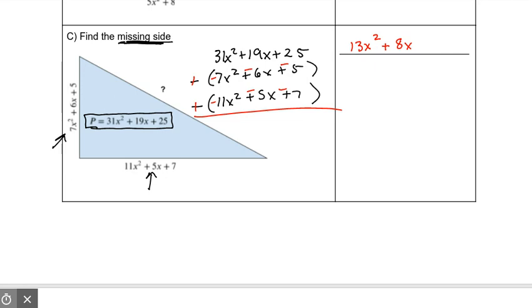And 25 plus negative 5 plus negative 7. That is going to be positive 13. Okay, and that's the length of this missing side that we have here. Okay, that would be number 2 on our review sheet.